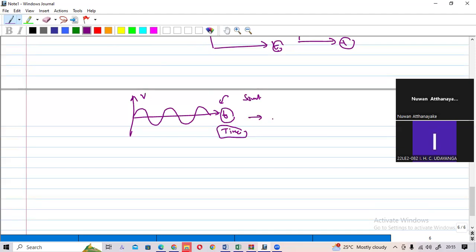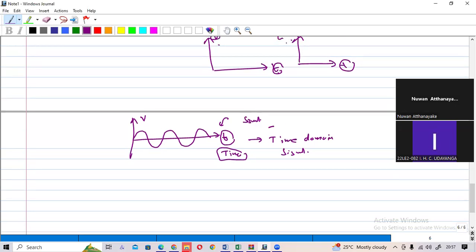We call this a time domain signal, because the domain is time and the independent variable is time. The signal is changing with respect to time, so this is a time domain signal.